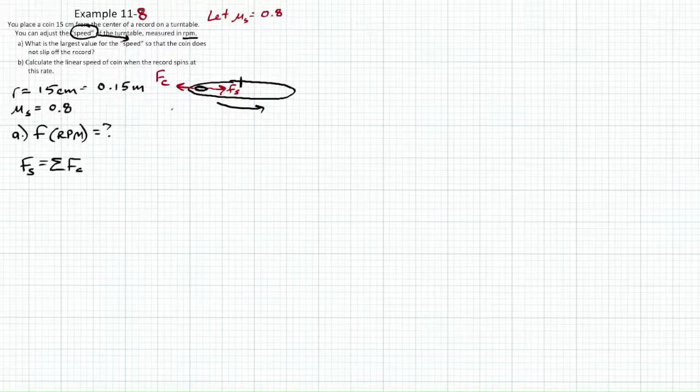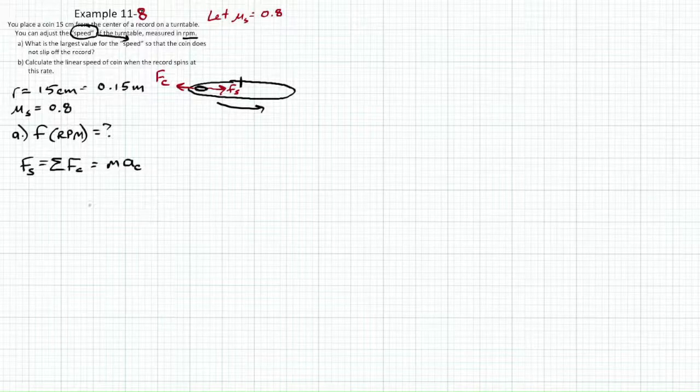Okay? Well, we also know that the net centripetal force can be written another way. That's the mass of the object times the centripetal acceleration, which we know all kinds of ways to solve for. And now you might say, well, we don't know what the mass is. And you're right, we don't. It's just a coin. We don't know how big it is.